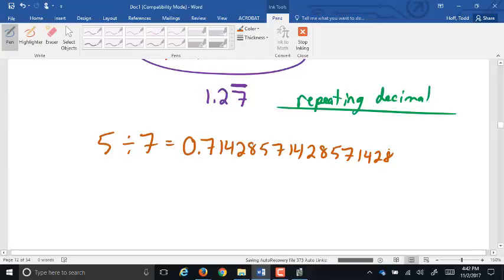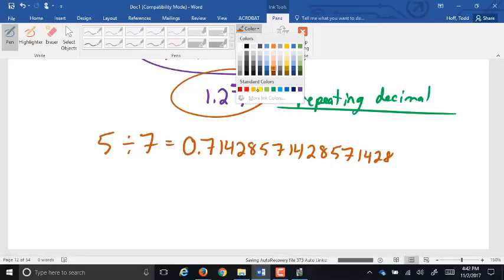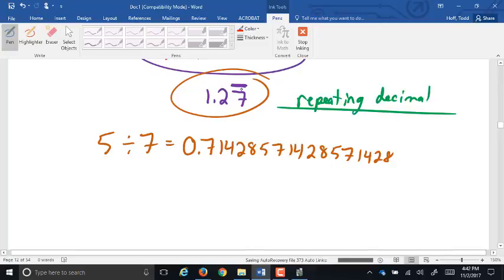So it's not just a single digit. Up here, it was just the 7 that repeated. Down here, it's a series of 6 digits that repeats: 714285, and then it starts over again. So we can express that as 0.714285 with the bar over those digits.